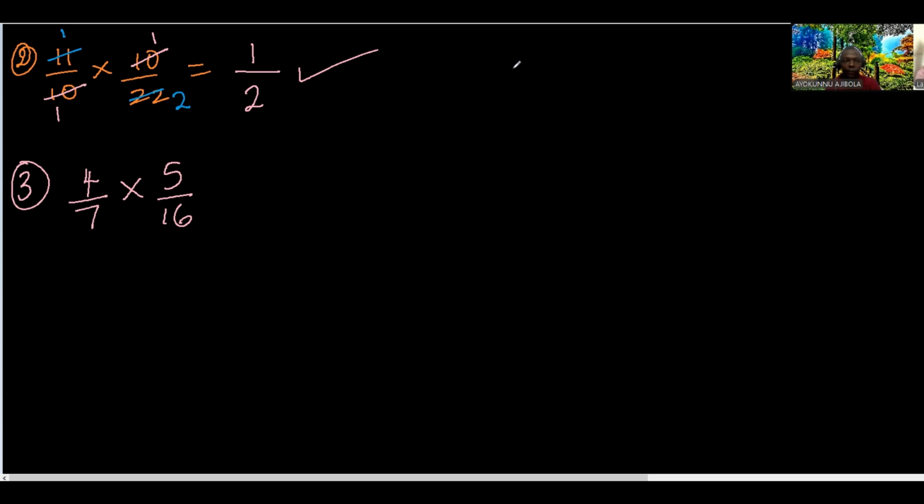Which number? 4. 4, good. 4 here, 1, 4 here, 4, right? Yes. What numbers remain at the top? 1 and 5. So that's 1 times 5, which is what? 5. And what numbers remain at the bottom? 7 and 4. So what is 4 times 7?